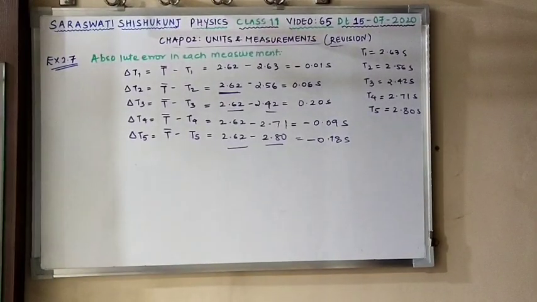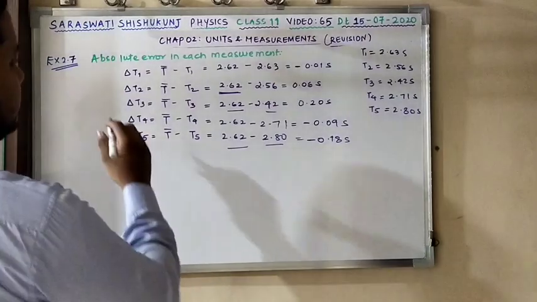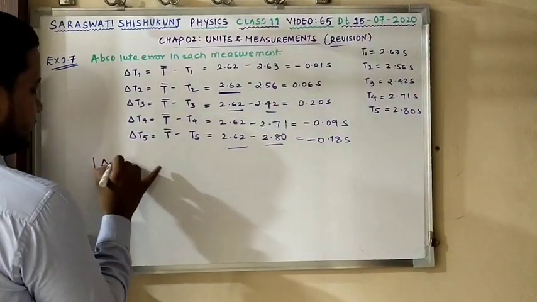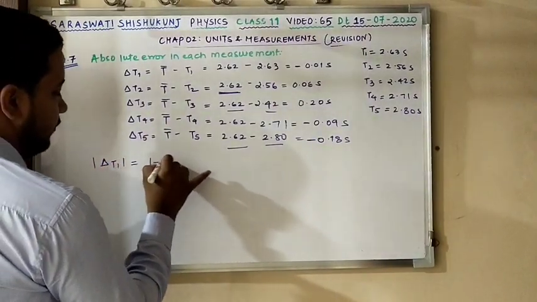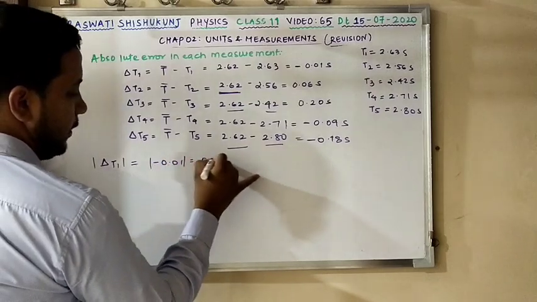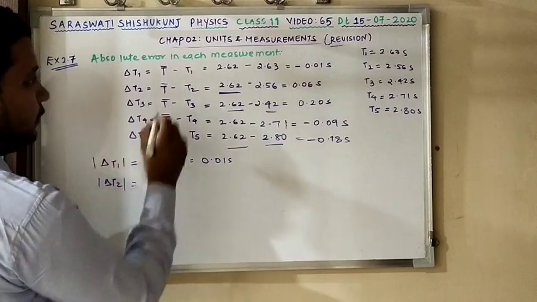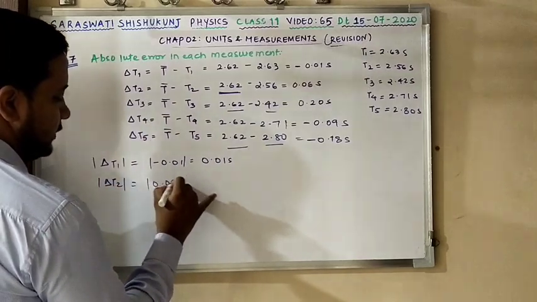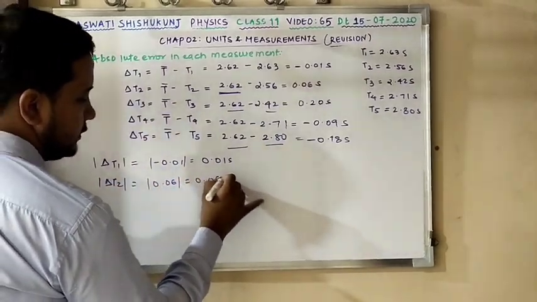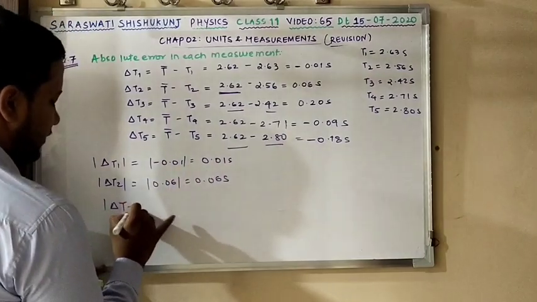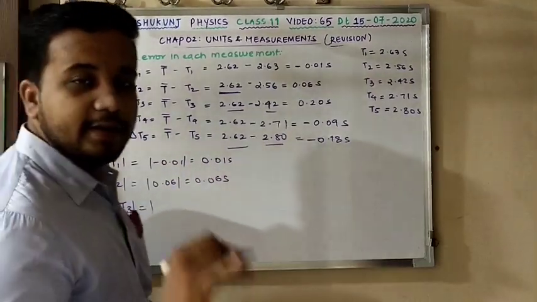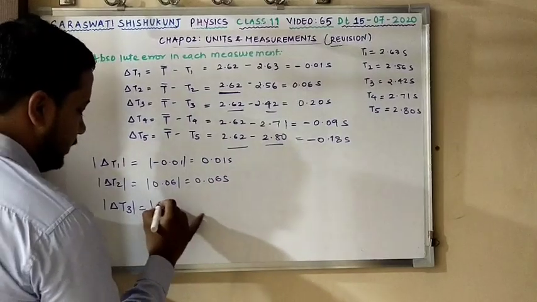Very good. In order to calculate the mean absolute error, I need to take the modulus of each delta T. The modulus of delta T1, that is minus 0.01, is 0.01 seconds. The modulus of delta T2 is 0.06 seconds. Delta T3, the modulus of what? 0.20.